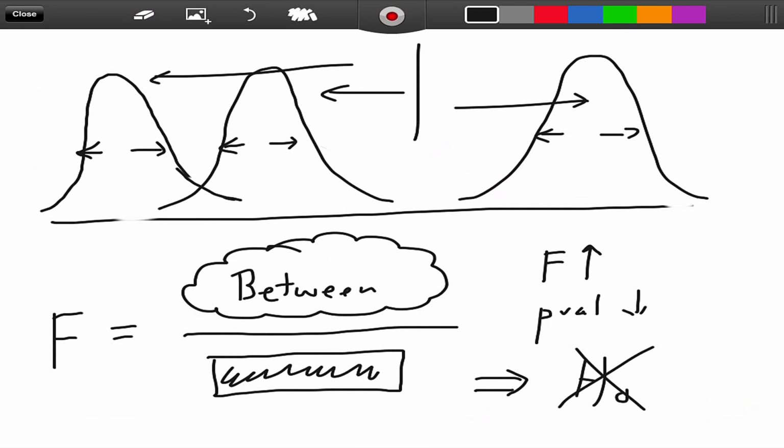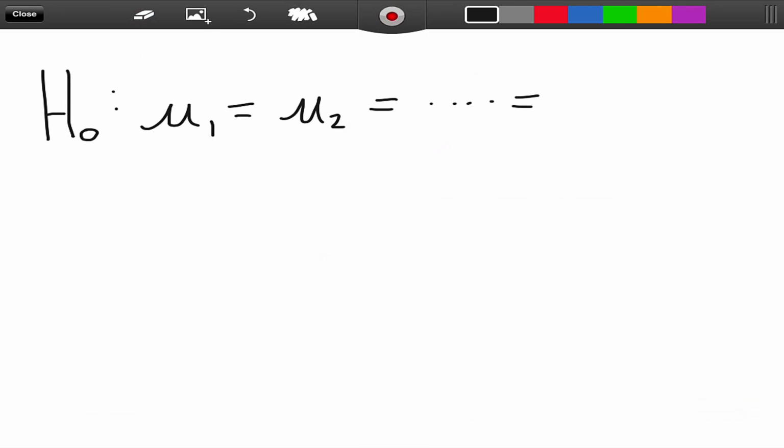Speaking of the null hypothesis, let's set this up. The null hypothesis assumes that we have equal population means.